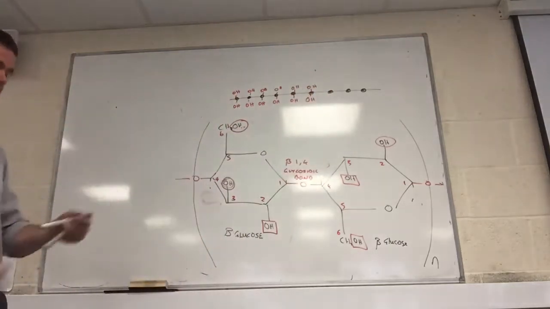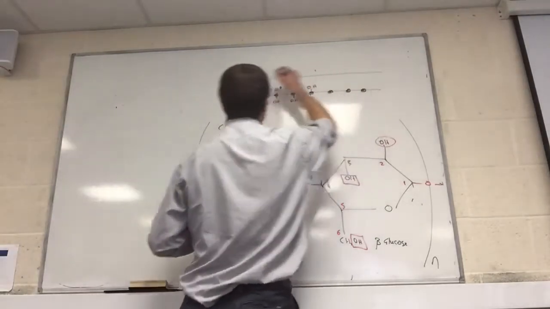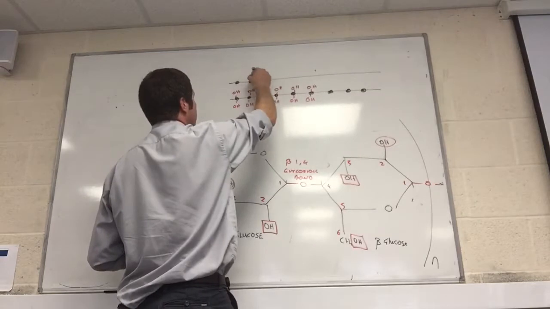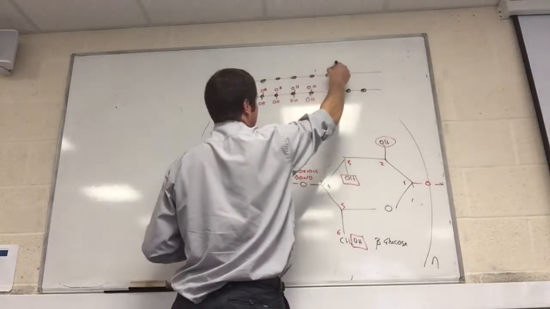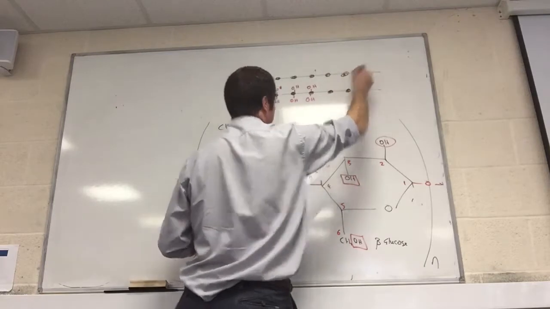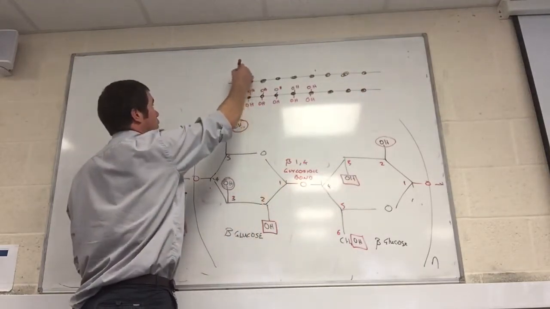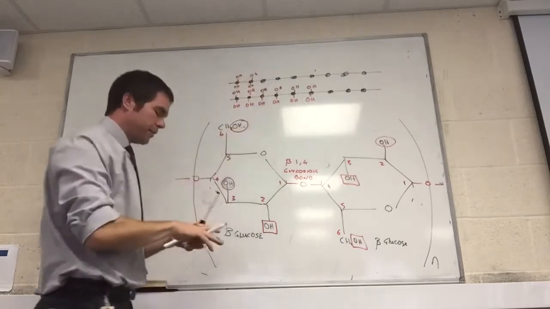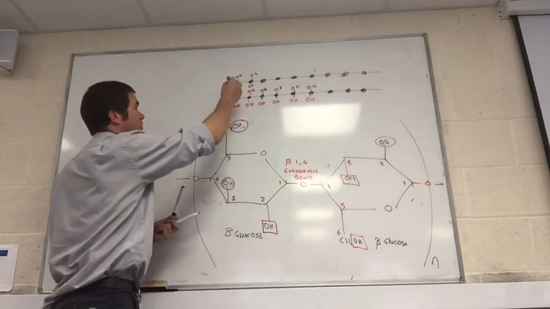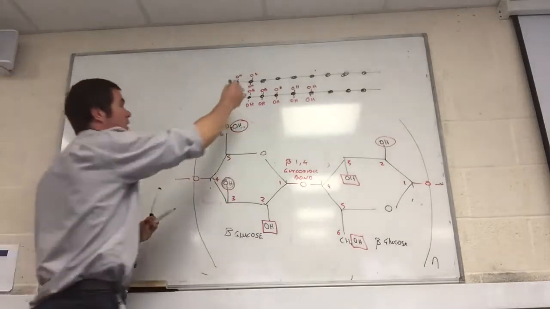Now, why is that significant? Because if I had another chain of beta-glucose molecules with exactly the same structure, with OH groups even on both sides, what I end up getting is hydrogen bonding between those OH groups.